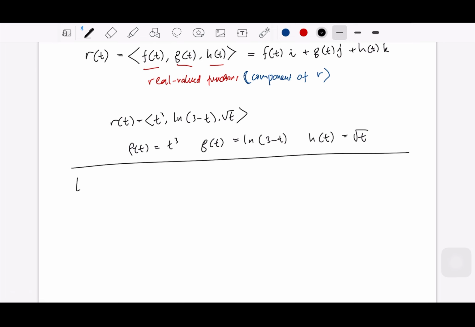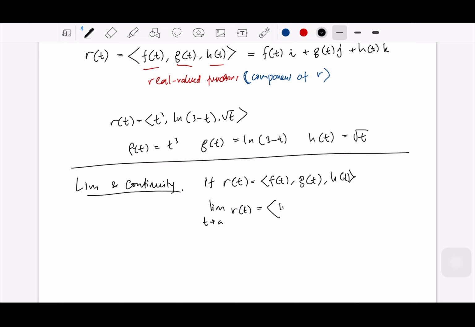Now we start with limit and continuity to begin our calculus operations. Now if r we can write as f, g, and h, then if we take the limit of this r, we take the limit of all the components.